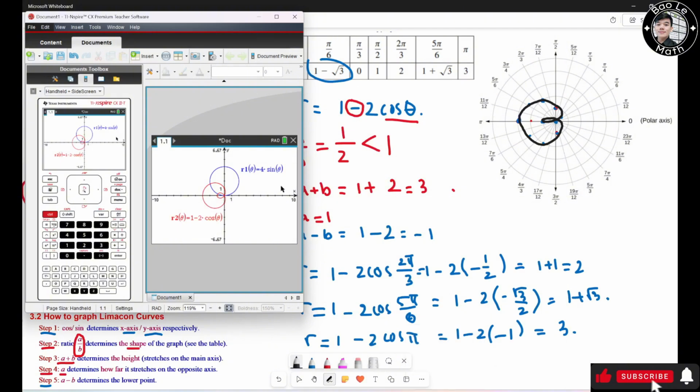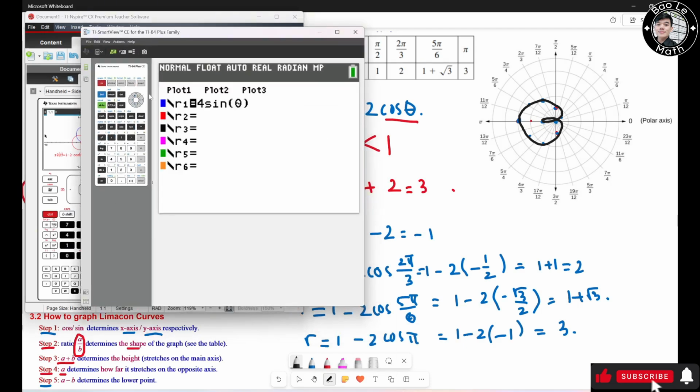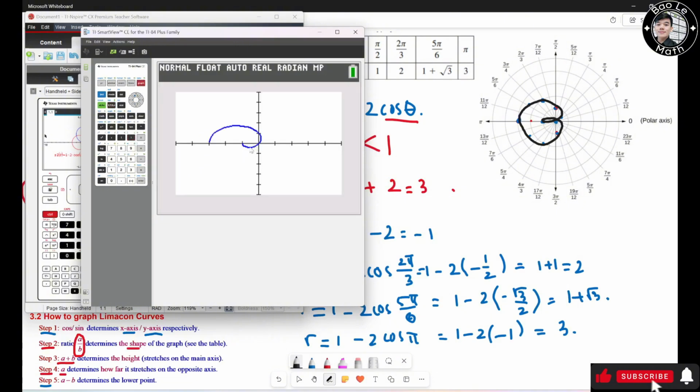Now we can use the TI-84 Plus CE calculator to graph this one. You just hit y equals right here, and you just input the values 1 minus 2 cosine theta, right? And you just hit graph. It's gonna be right here.